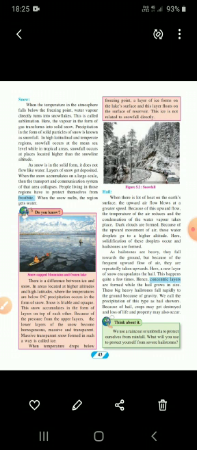Frostbite means injury to the tissue, human tissues, caused by exposure to extreme cold. You know, this type of frostbite happens to our soldiers who are deployed in the higher altitude of the Himalayan region like Leh Ladakh, Kargil region. This type of damage is due to heavy snowfall. Understood?